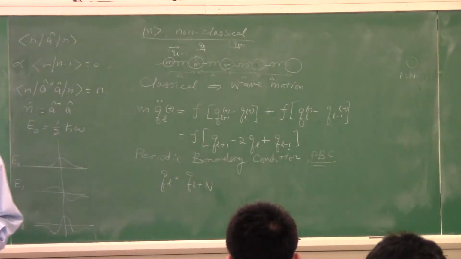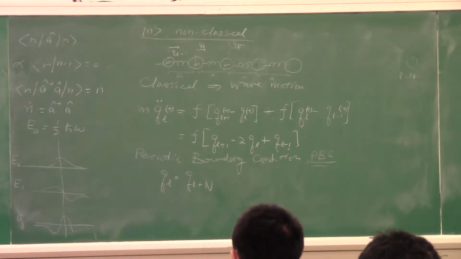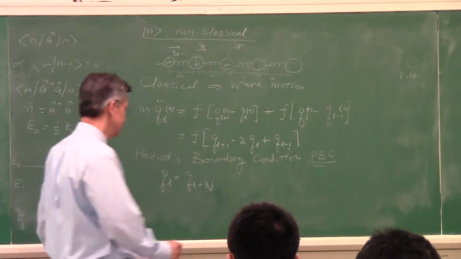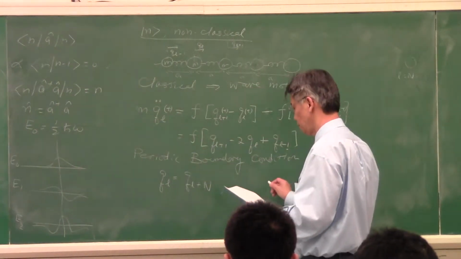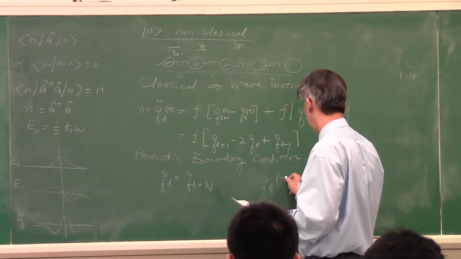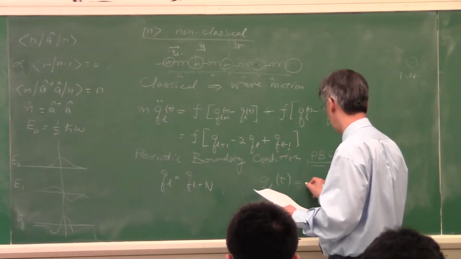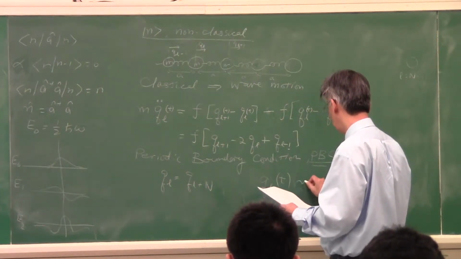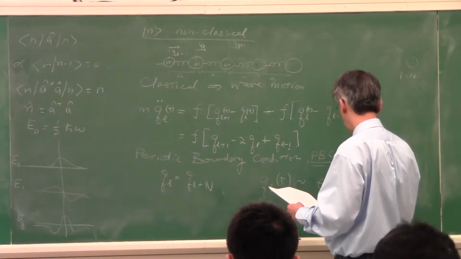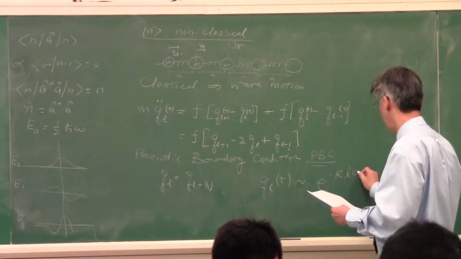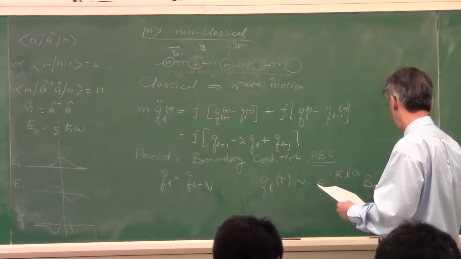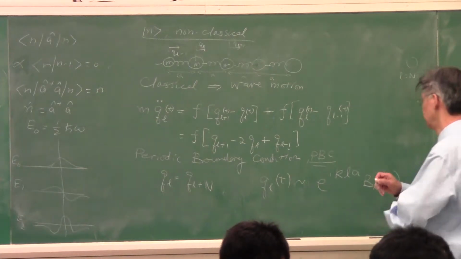So, if that is the case, then we know that we can have a wave propagating on this chain of particles. The wave that propagates on this chain of particles has to be something of this form, something like e to the i(kl a minus omega t).